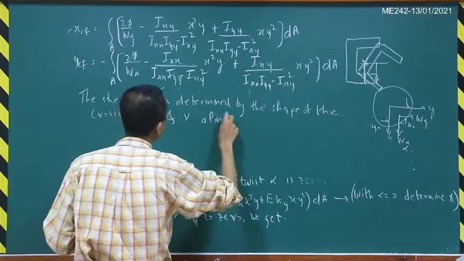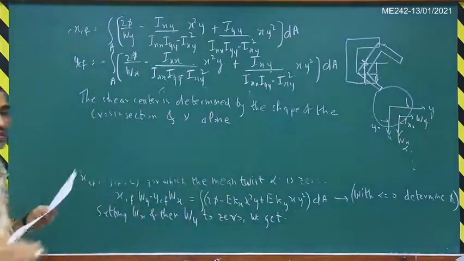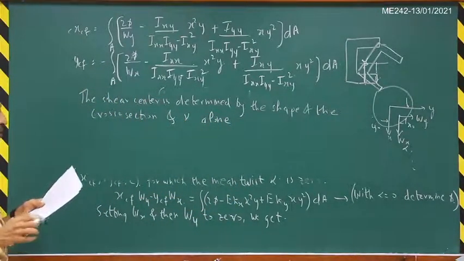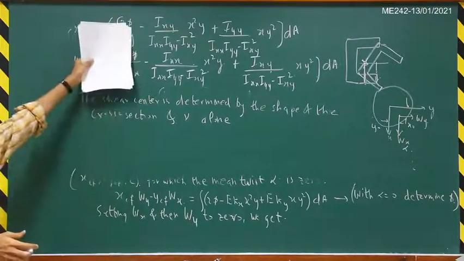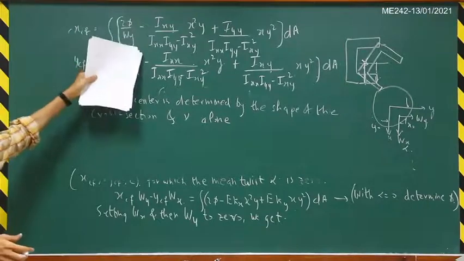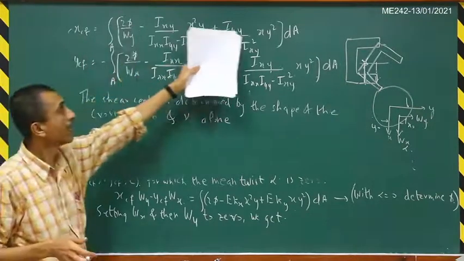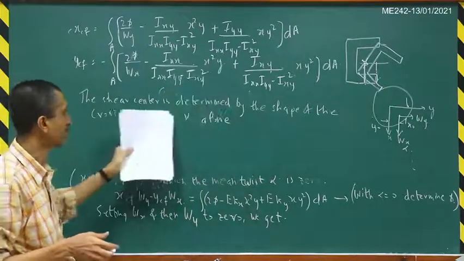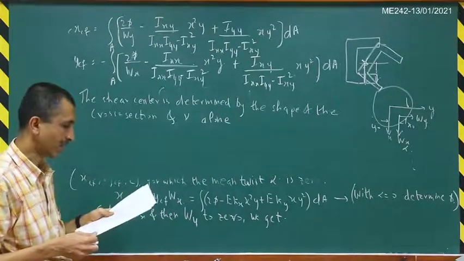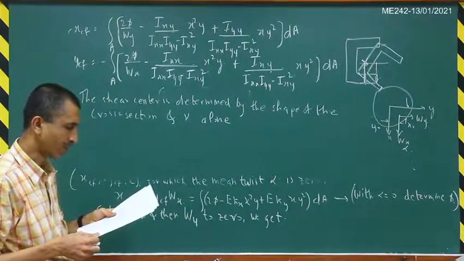So nu is the Poisson ratio, so it doesn't actually even depend on E also. If the material is homogeneous, then in that particular case it doesn't depend on E also, depends only on the Poisson ratio and the shape of the cross section. Because as I already mentioned, the phi will be proportional to wy and they will get cancelled. And these other things, as you can see, they are dependent only on the cross sectional properties. And so that is why you will get that the shear center is only a function of the cross section.